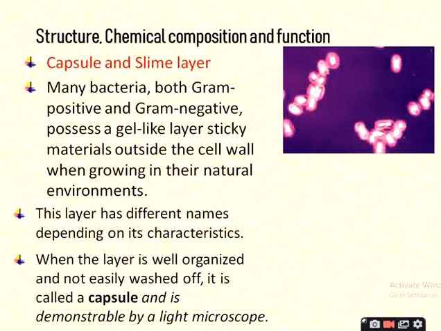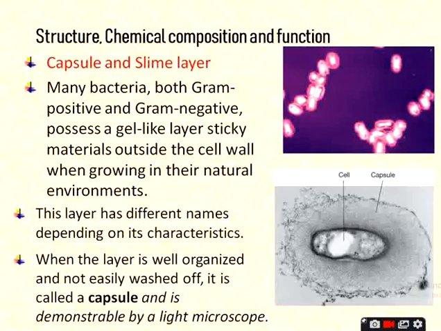See here, this is the bacterial cell and this here is the capsule. That means this is the enlarged figure of the capsule. See, this is the outline of the bacterial cell, and from this to this is the capsule layer, which is polysaccharide in nature.